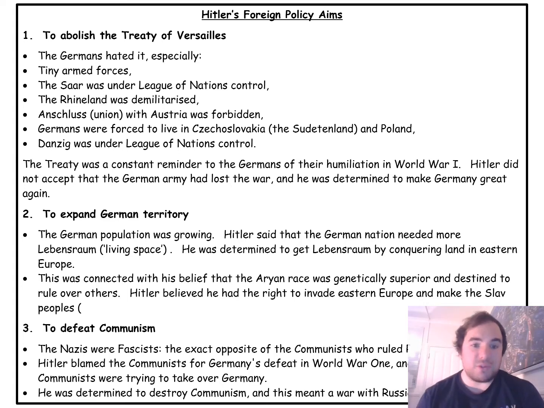To expand German territory was obviously going even further than that, because this is where you are literally invading other people's territory. People don't really tend to like being invaded, so this would definitely be a big factor in causing war.